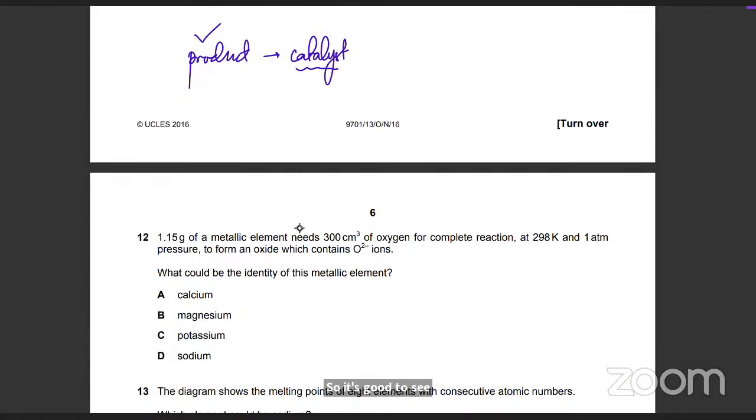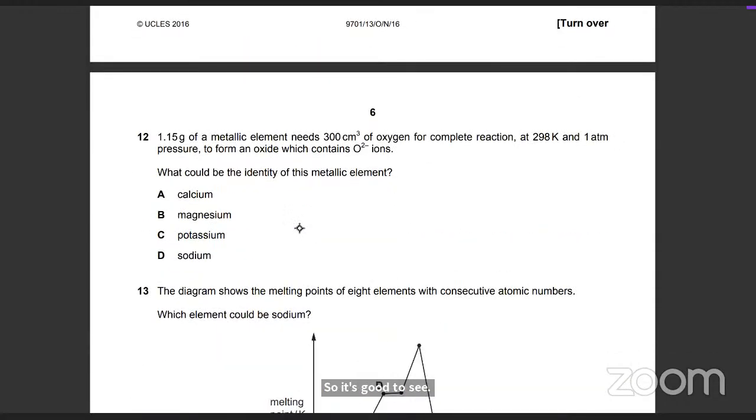Okay, then this question: there's 1.15 grams of a metallic element that needs 300 cm cube of oxygen for complete reaction at 1 atmosphere pressure. This is room temperature, so you can use 24 dm cube, like 1 mole of gas occupies 24 dm cube. And it forms an oxide which contains O minus 2 ions.